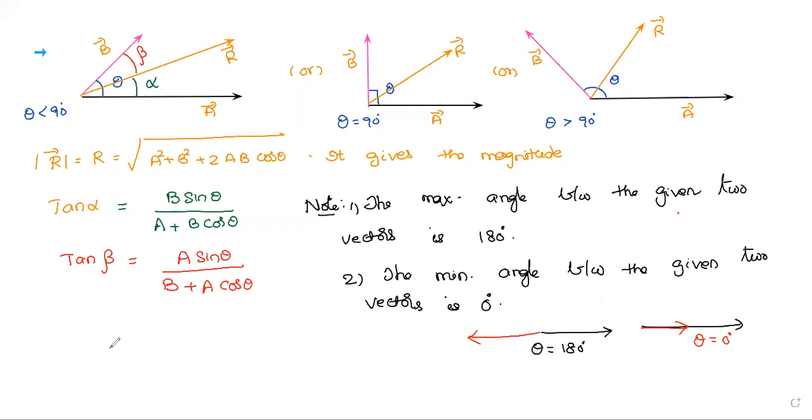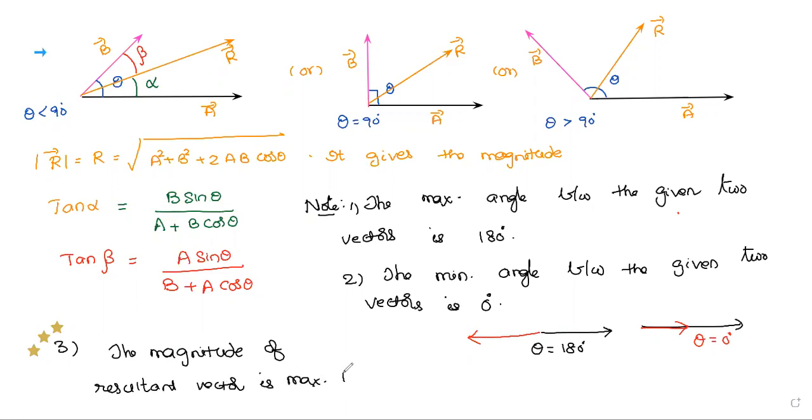Okay, right. So here I say one more point under the note, point 3, and this is important for us, so I put a few star marks here. Important point: the magnitude of the resultant vector is maximum when cos theta is maximum.